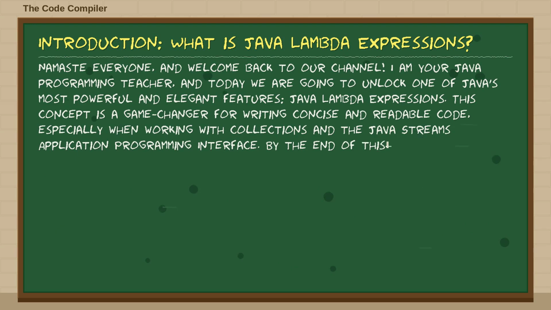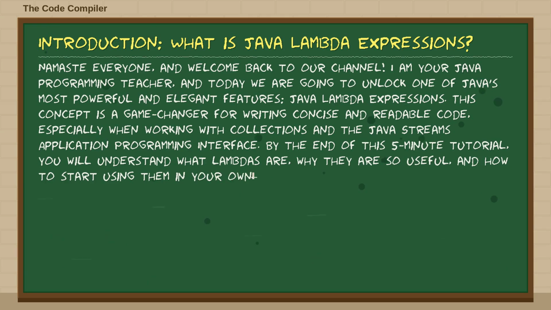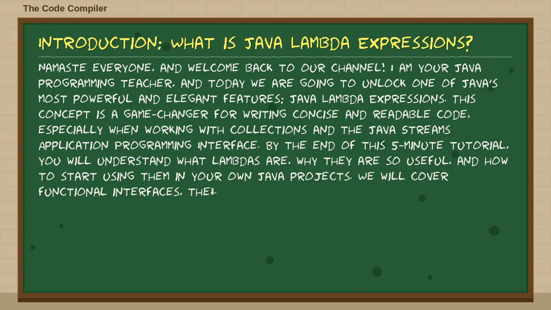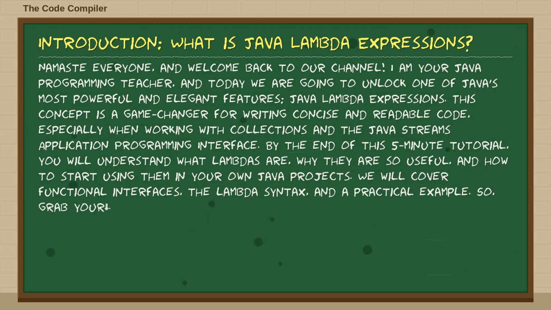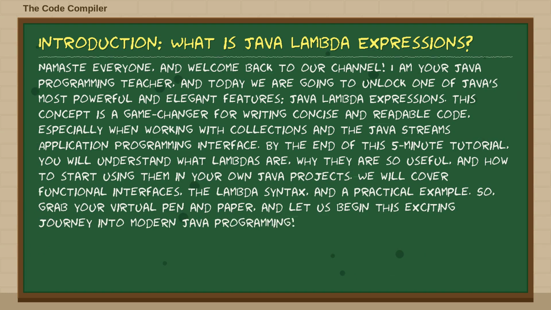By the end of this 5-minute tutorial, you will understand what lambdas are, why they are so useful, and how to start using them in your own Java projects. We will cover functional interfaces, the lambda syntax, and a practical example. So, grab your virtual pen and paper, and let us begin this exciting journey into modern Java programming.